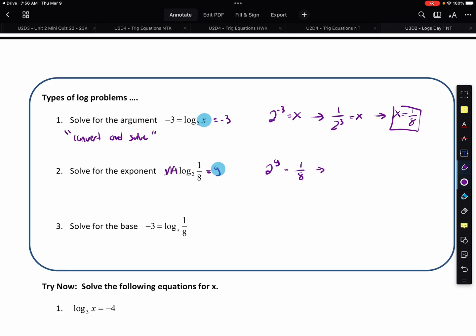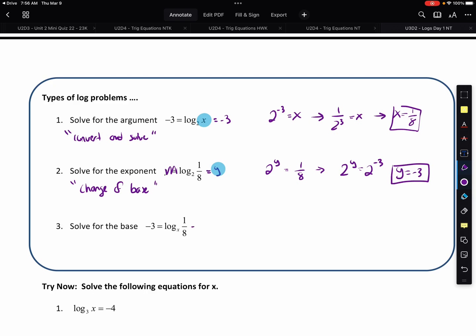Right, so it's not as easy as the top problem. Right, so I can do a change of base. So if we are solving for that y, right, if the variable's in that spot right there, it will always be a change of base problem. 2 to the y equals 2 to the negative 3, y equals negative 3, every single time.